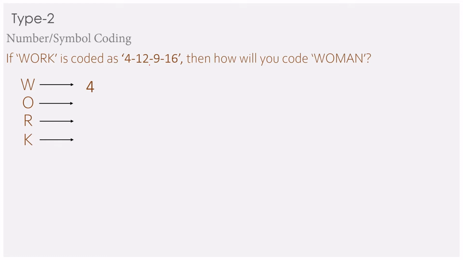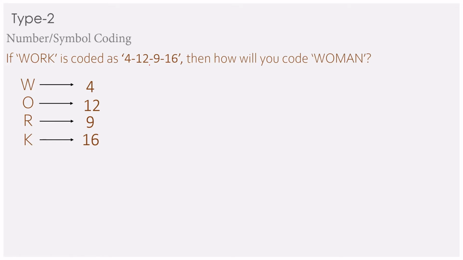Now bring those letters down over here, and you can map it like that. WORK 4, 12, 9, 16. The code is given like that. But identify 2 or 3 letters' pattern in the given code, and you can get the remaining ones easily.